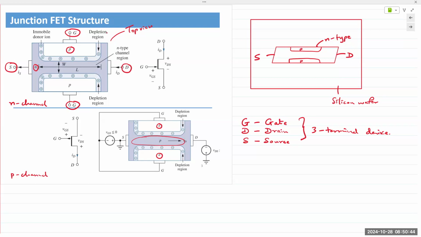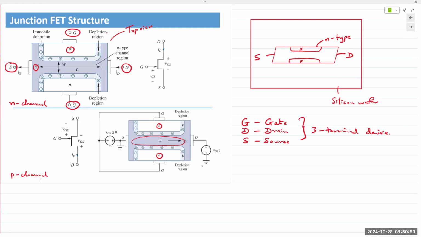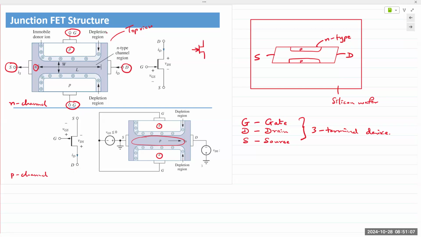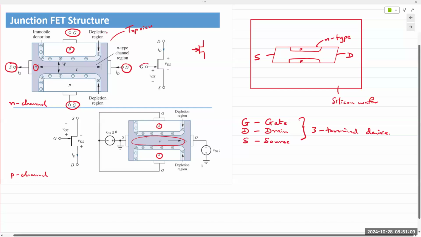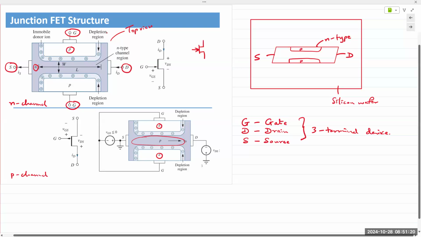The symbol for both is shown right here. It's a straightforward symbol. Sometimes you'll also see something like this. This is what the book uses, and what I have drawn here is something you might find in a different book also. The arrow doesn't necessarily have to be right at one end. You see the gate is pointing towards one end, but that's not always the case. Sometimes that arrow is pointing in the center. If you see a symbol like that, that is for a JFET.